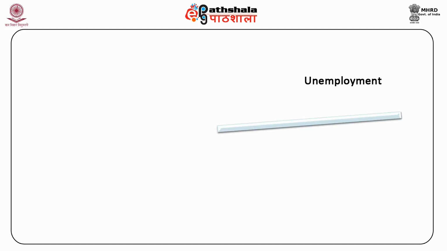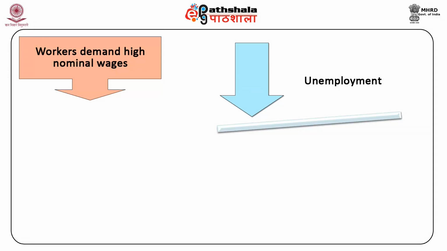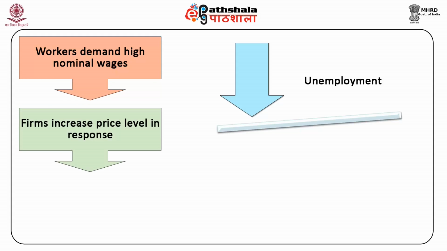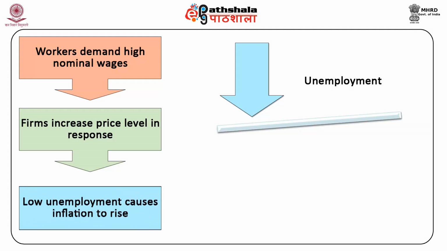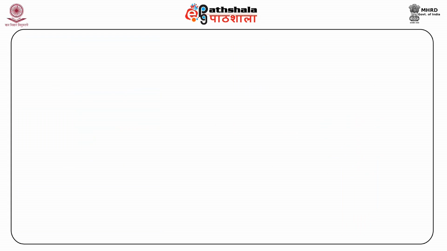Suppose unemployment is low at u, workers will demand a high nominal wage as they have more bargaining power. Firms increase the price level in response to an increase in nominal wage. Thus, low unemployment causes inflation to rise. The Phillips curve.